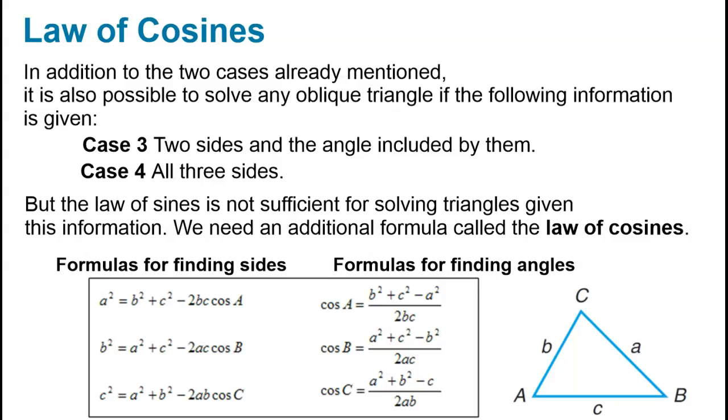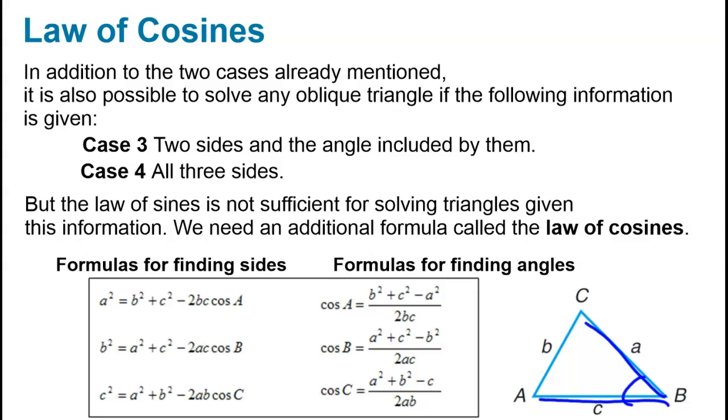Case 3 and case 4 are going to involve problems where, in case 3, you are given two sides and the angle included by them. Remember that case 2 was two sides and an angle opposite one of them. So this is a little bit different here.